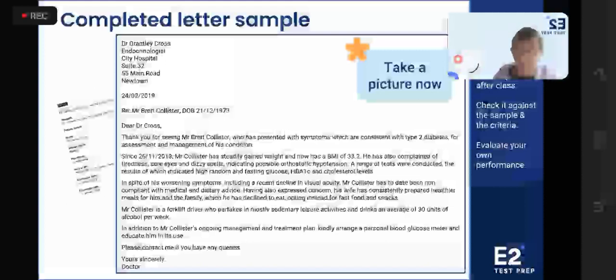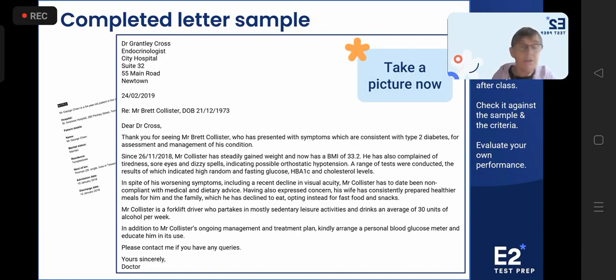So here we've got the request. They put it sort of in a different way. In addition to Mr. Collister's ongoing management and treatment plan, kindly arrange a personal blood glucose meter and educate him in its use, on its use, whatever.